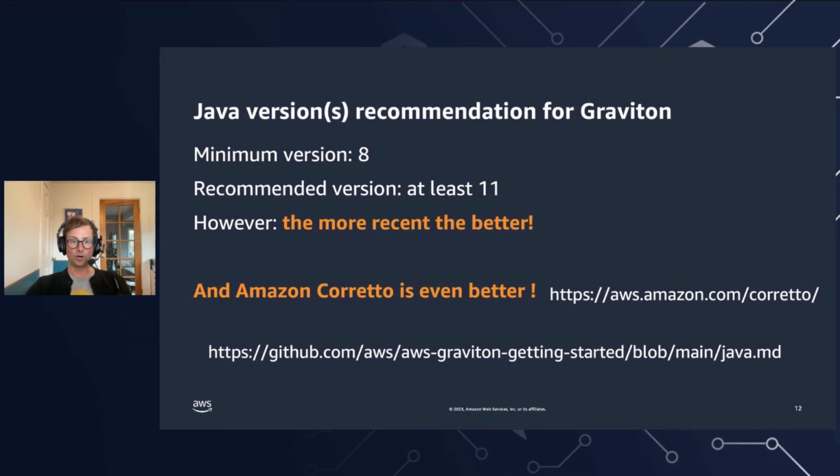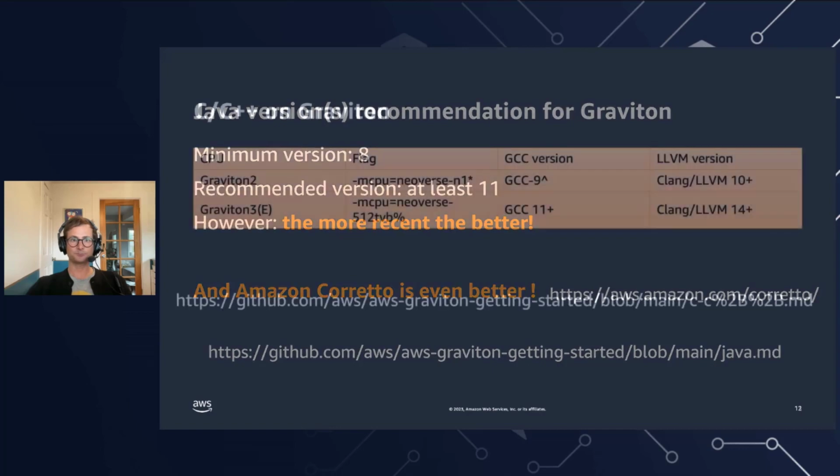If you want to know more about our recommendations for Java, please have a look at the URL at the bottom of the screen. There's plenty of information on how to configure your JVM on Graviton-based instances to get the best level of performance.